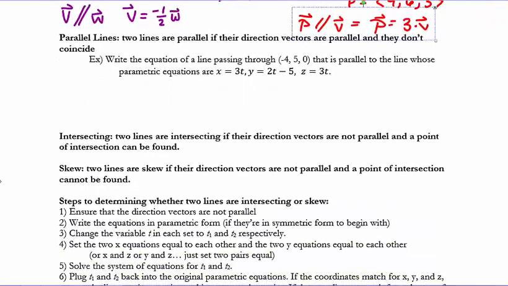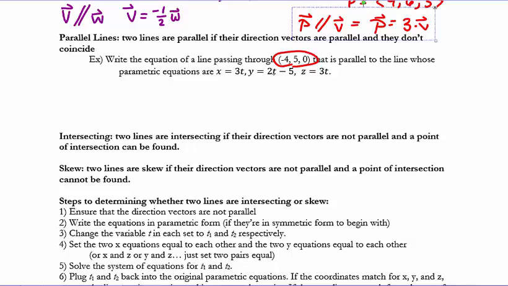All right, so parallel lines. Two lines are parallel if their direction vectors are parallel, and they don't coincide. So write the equation of a line that passes through this point that is parallel to this line. Well, first I should probably make sure that this point isn't on this line. So let's see, when x equals -4, t would have to be -4/3.